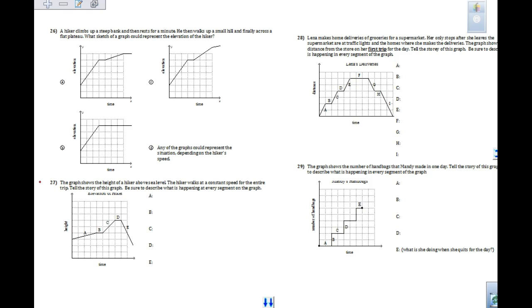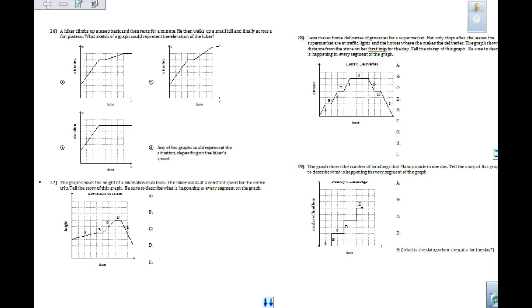question number 26, it says a hiker climbs up a steep bank. So when we look at them, A, B, and C all look steep at first. The next thing we are taking a look at, it says, then he rests for a minute. So they all kind of look like they are resting for a minute.